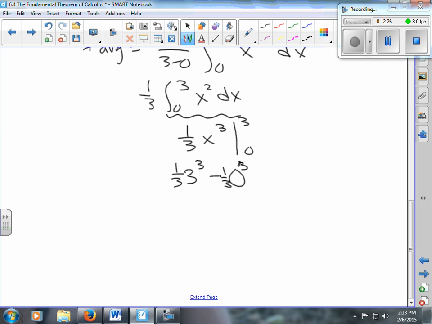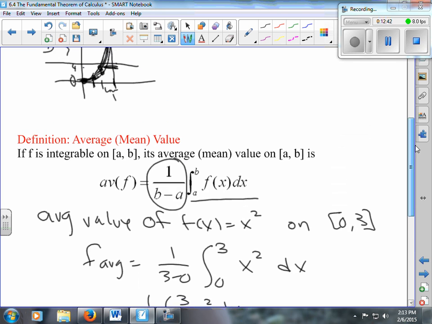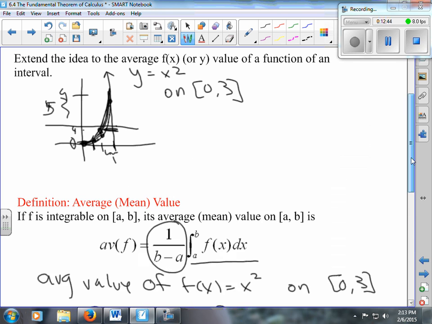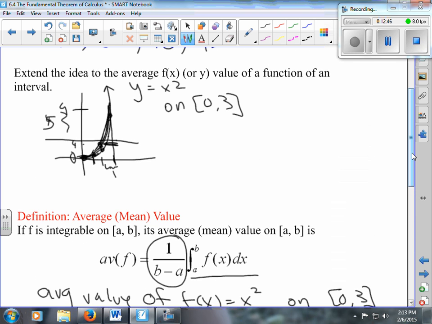So this is 9, and 1/3 times 9 is 3. So my average y value is 3. Notice that 3 is below 4.5, which is what we thought, because I spend more time below 4.5 than above 4.5 because of the nature of the curve.